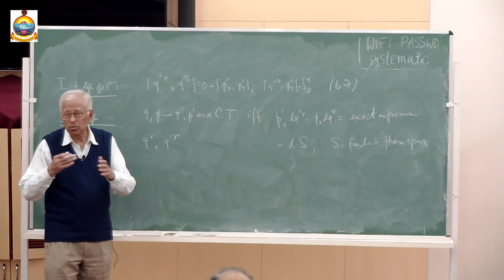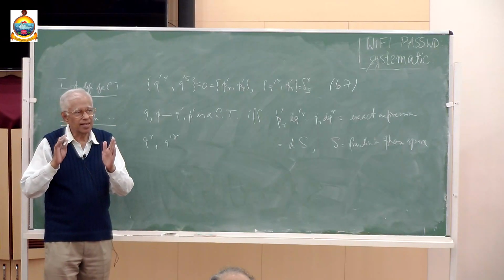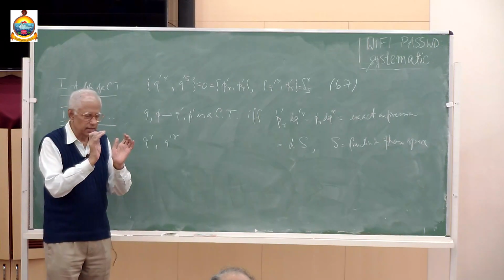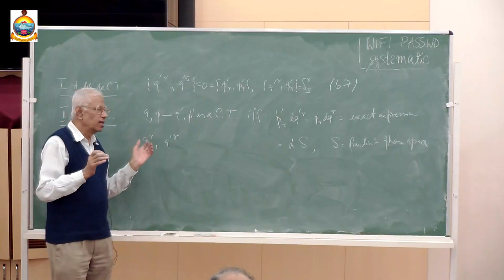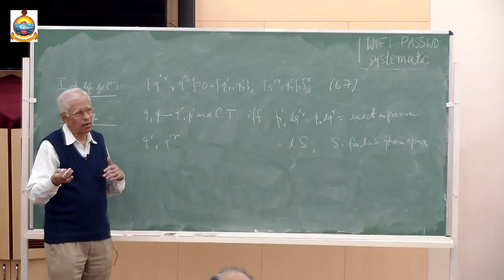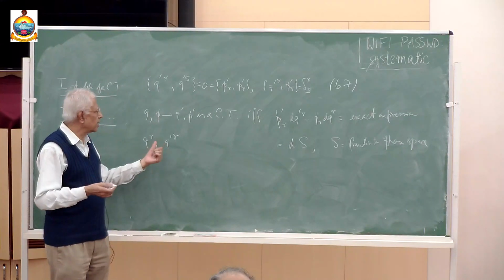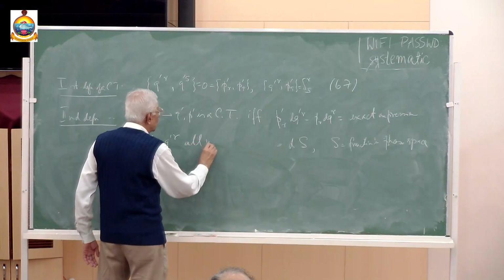mutually independent 2n variables. They will be a non-canonical system of coordinates for phase space. They are not like certain generalized coordinates and their momenta. They are some old coordinates and some new coordinates, all the old coordinates and all the new coordinates. Supposing a transformation is such that these are all independent.